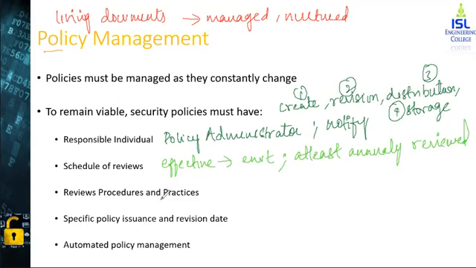Then the next one is review procedures and practices. As the name says, you're going to have reviews for procedures and practices. This is a mechanism where an individual can give feedback upon the revision of the policy.